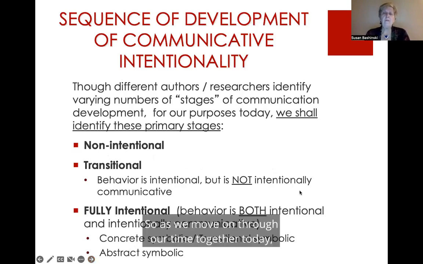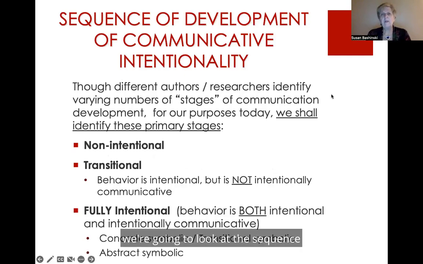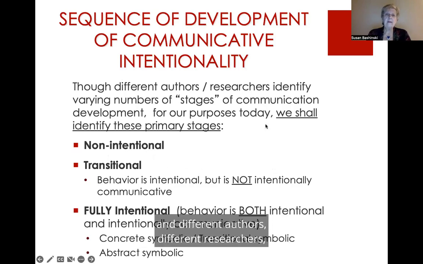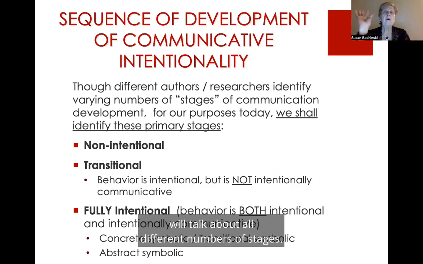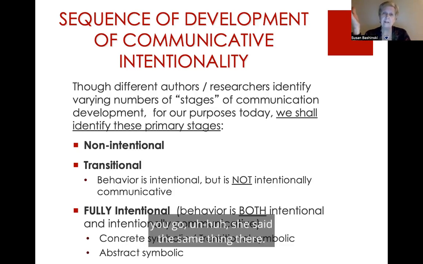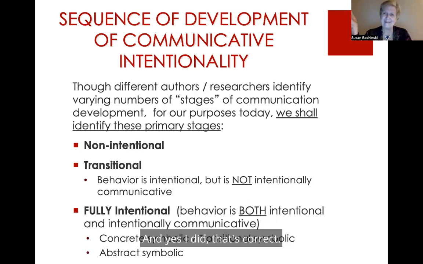So as we move on through our time together today, we're going to look at the sequence through which communicative intentionality develops. And different authors, different researchers will talk about all different numbers of stages. And for those of you who have seen the symbolization module, you go, she said the same thing there. And yes, I did. That's correct. I did say the same thing there.